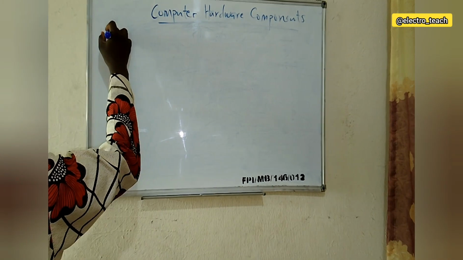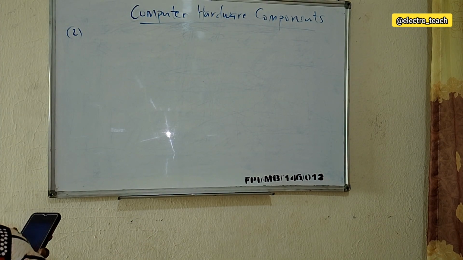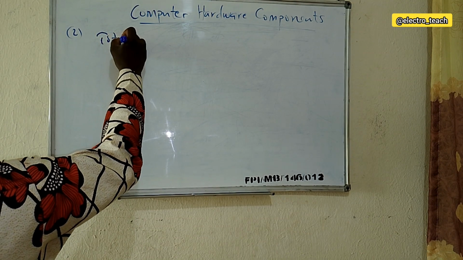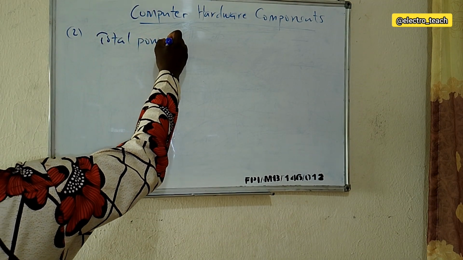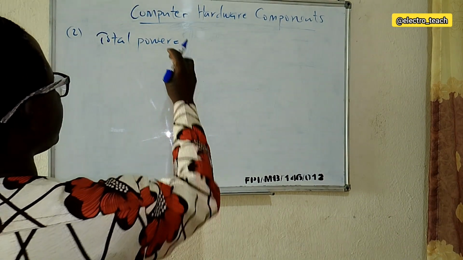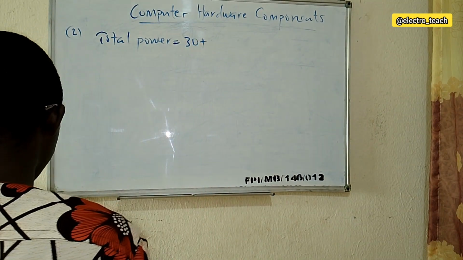Number 2, we are given the various values of components to be installed in this particular computer. So we are going to sum up the total power. Now, total power equals AGP card 30, everything in watts.